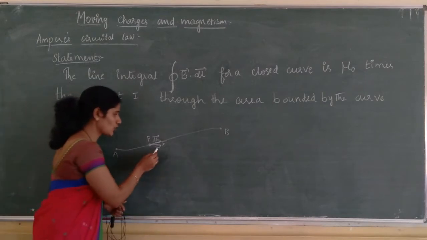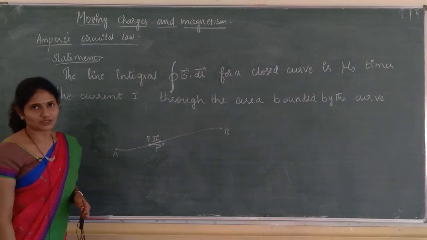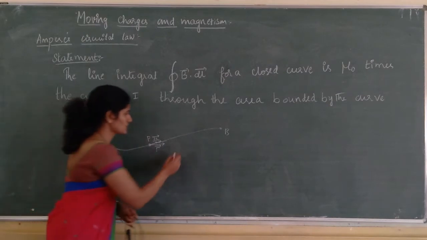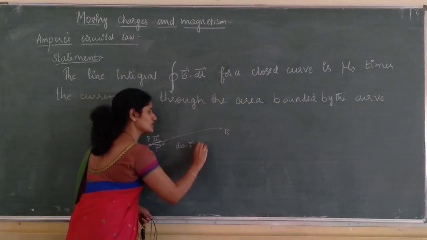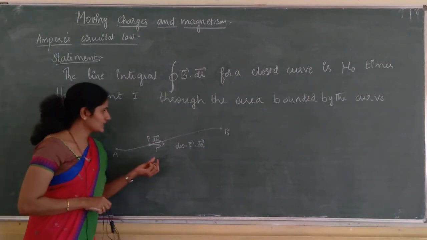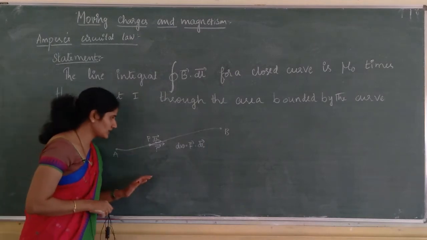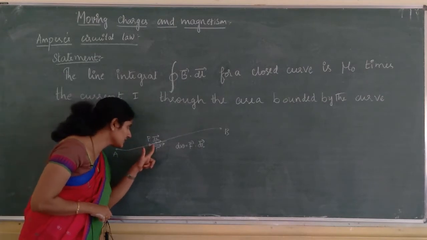We know that the dot product between F vector and dr vector is nothing but the work, right? So work dW is equal to force into displacement. We can easily calculate the work done by the force in moving the particle from here to here.